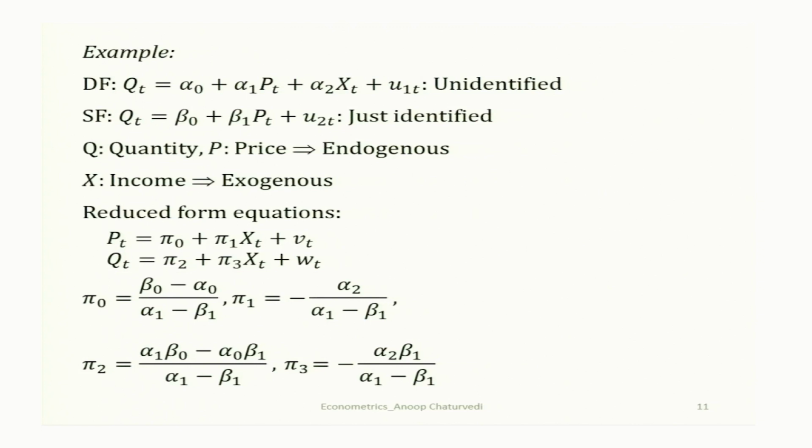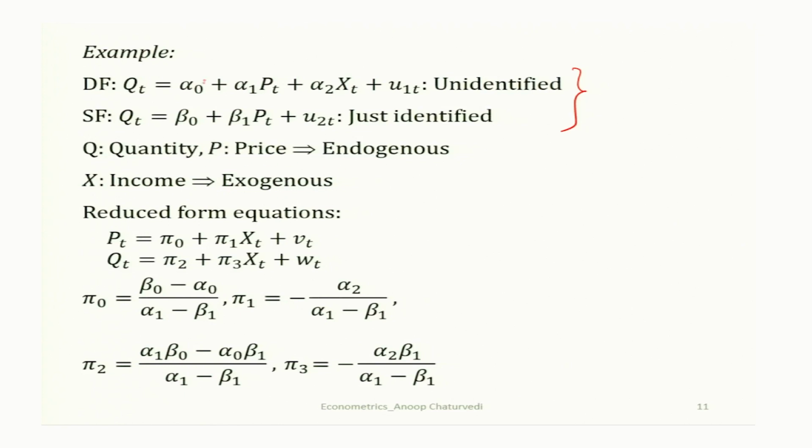So, you cannot estimate the parameters of the demand function because it is unidentified, but you can estimate the parameters of the supply function because it is just identified. Here Q and P are the quantity and price, and these are endogenous variables. X is, say, the income, and this is an exogenous variable.